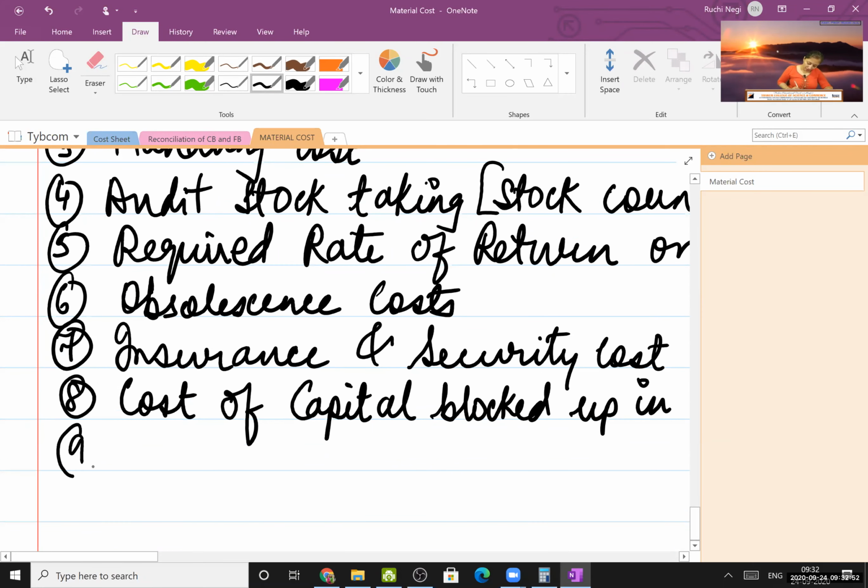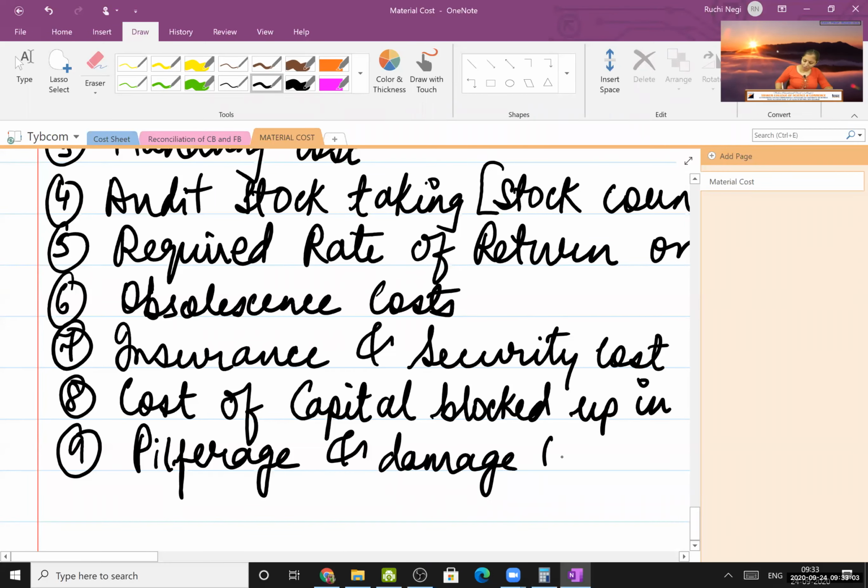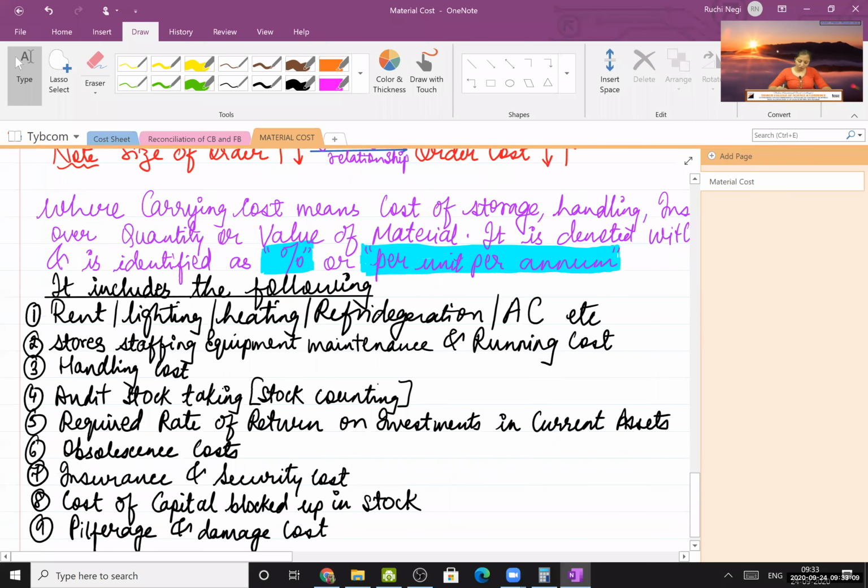Next, pilferage is leakage. Pilferage and damage cost. You know that if it is liquid material, pilferage, leakage is possible. Okay, so all of these costs come under carrying cost.